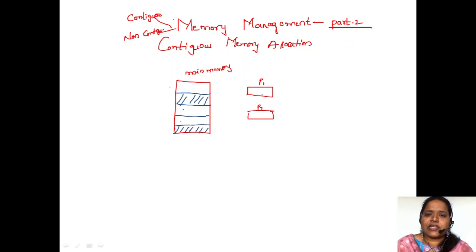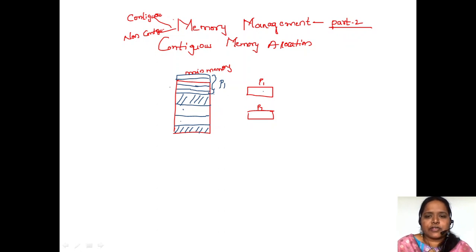Here this one, this one and this one are empty slots. Suppose P1 can accommodate 5 instructions. 5 instructions means 5 continuous allocations should be there. Then only we can accommodate P1 in this slot.